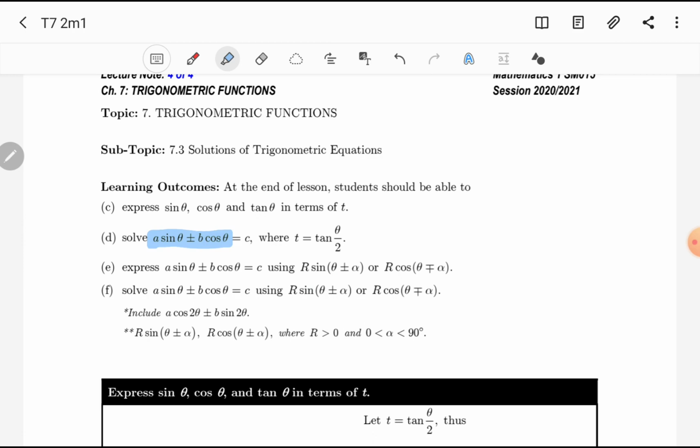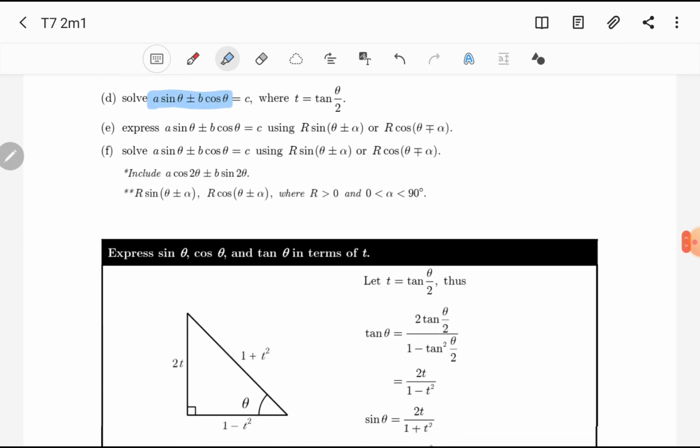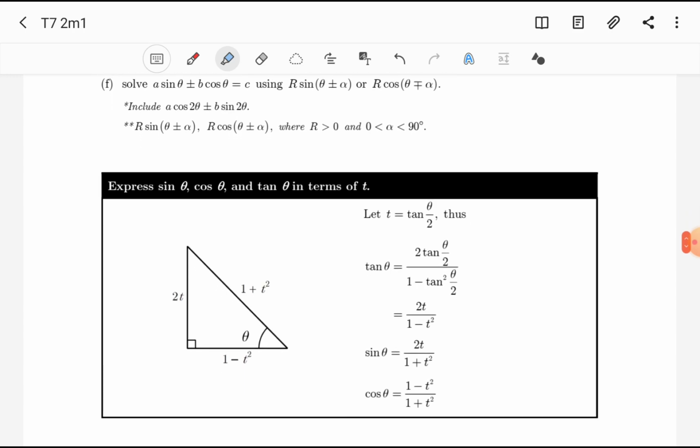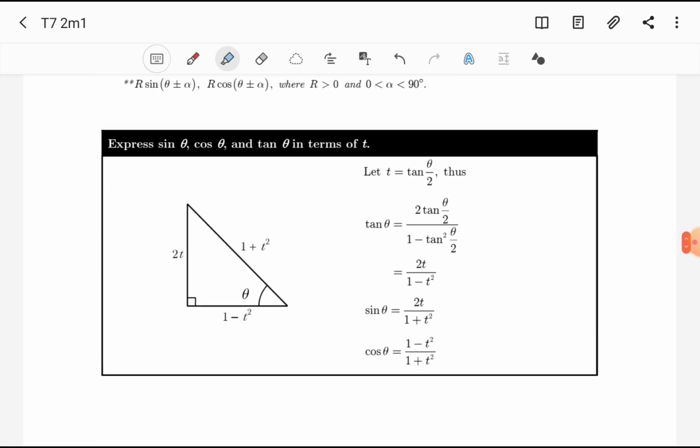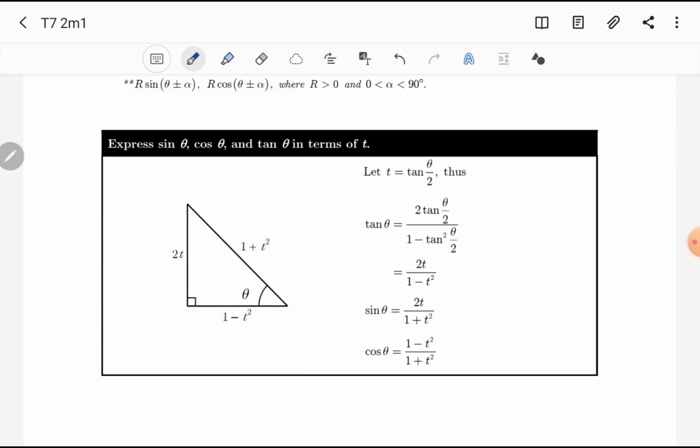Okay, so ini third case. Kita dah settle tadi single case dengan quadratic case. So for the third case, kita ada dua cara. We have two methods. First ini namanya half angle method.